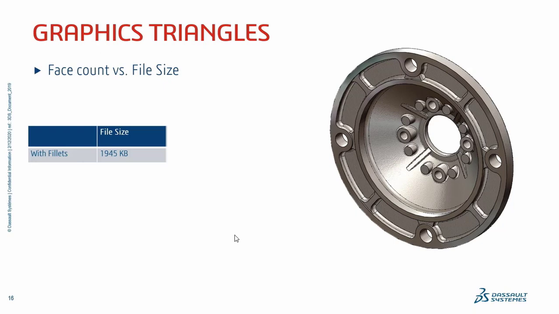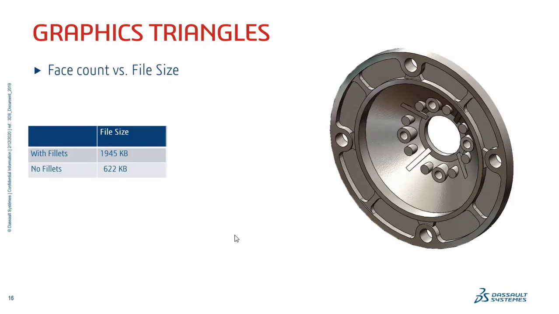You can see in the slides that there is one model with fillets. I have applied all the fillets to this model, and you can see the file size: it is 1945 kb with the fillets. When I remove the fillets, look at the memory size, it is only 622 kb.